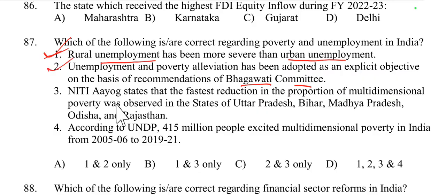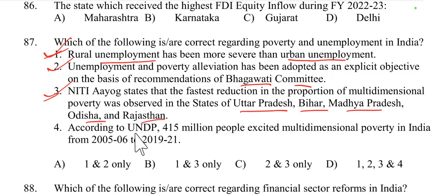Then NITI Aayog, National Institution for Transforming India, states that the fastest reduction in the proportion of multidimensional poverty, the Multidimensional Poverty Index, was observed in the states of Uttar Pradesh, Bihar, Madhya Pradesh, Odisha and Rajasthan. Yes, so option 3 is also correct.